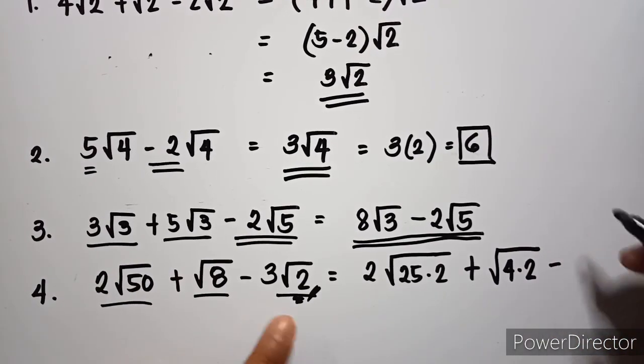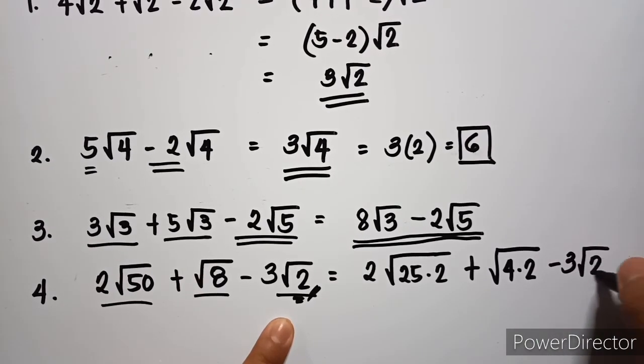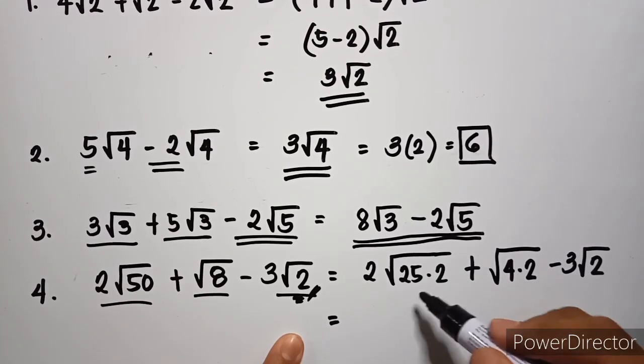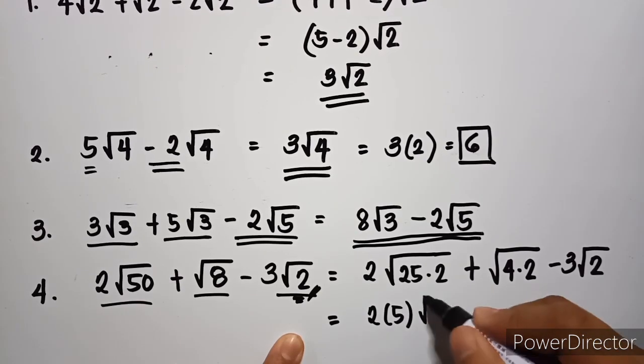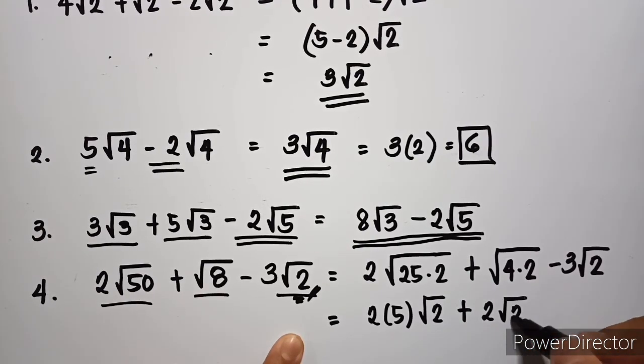Then, minus, just copy 3 square root of 2. Then, we're going to simplify. So, we have square root of 25 is 5. So, 2 times 5 square root of 2 plus square root of 4 ay 2 square root of 2 minus 3 square root of 2.